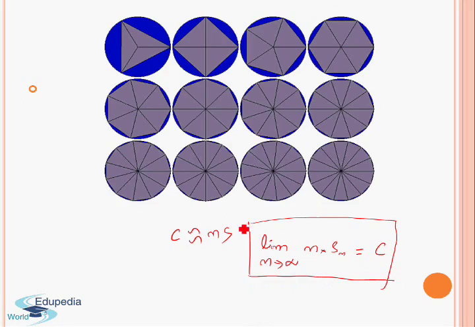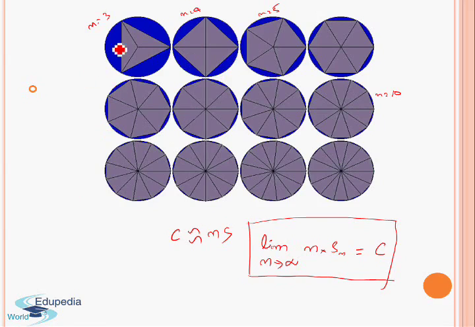Okay, seeing this, naturally we'll have a doubt. As n tends to infinity, this term will be infinity. So why not the circumference also be infinity? Here we can observe that as the value of n increases, here n is 3, here n is 4, here n is 5 and so on, here n is 10.